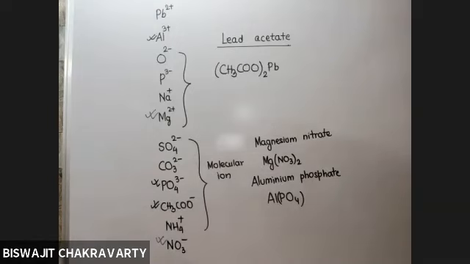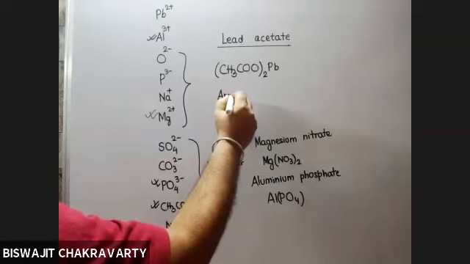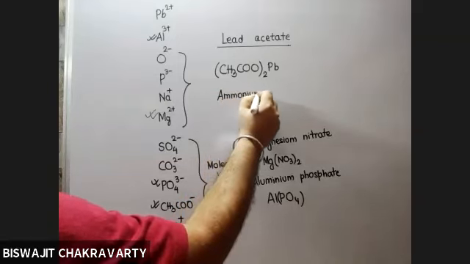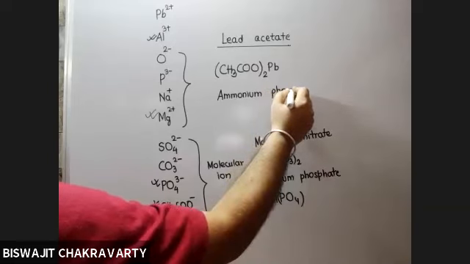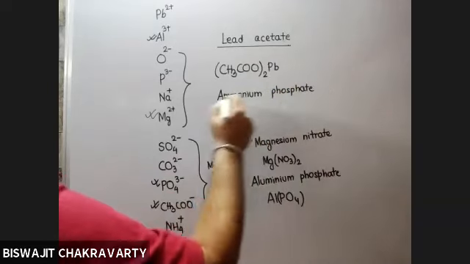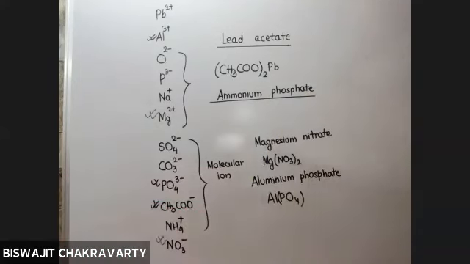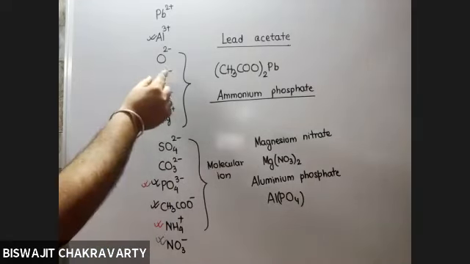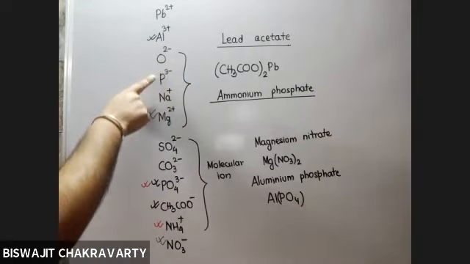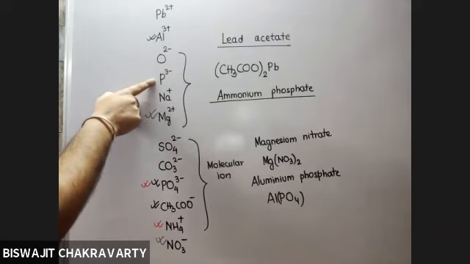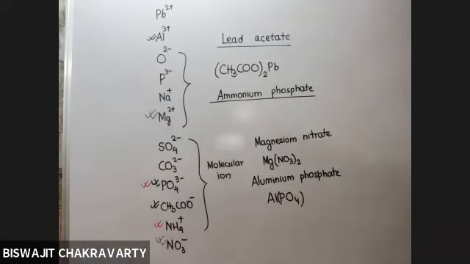Write down the formula for ammonium phosphate. Ammonium, which is the ammonium ion? NH4 plus, isn't it? Phosphate is PO4 3 minus. This is phosphide. If it is present alone, all end with IDE: oxide, phosphide.